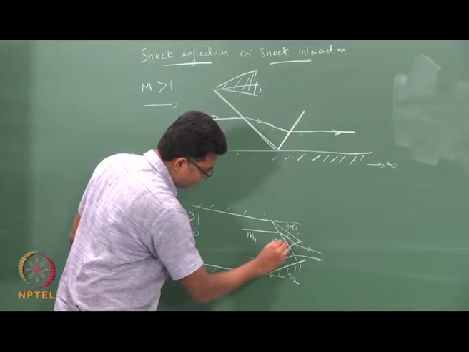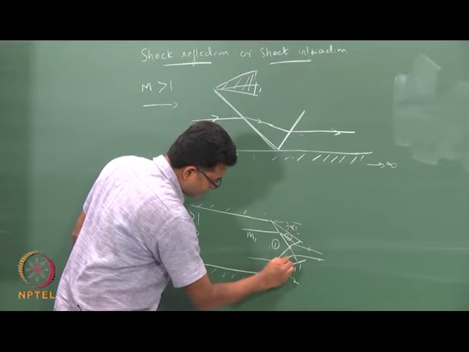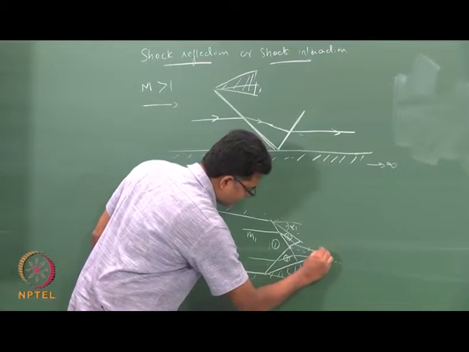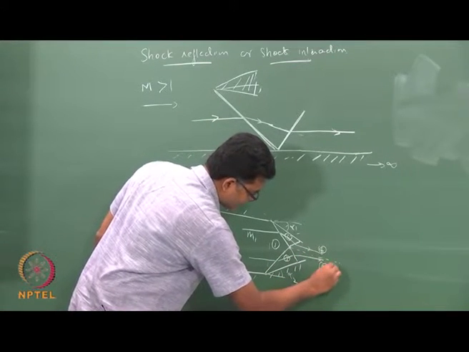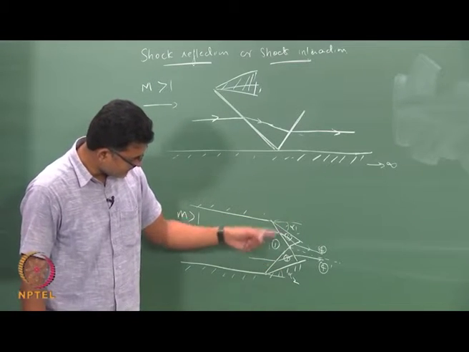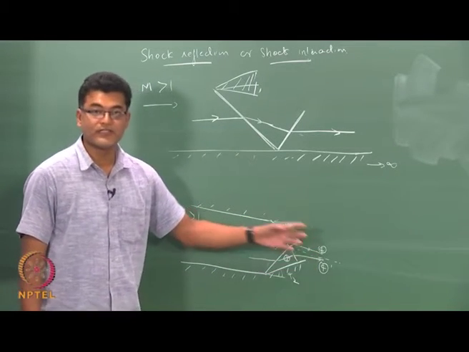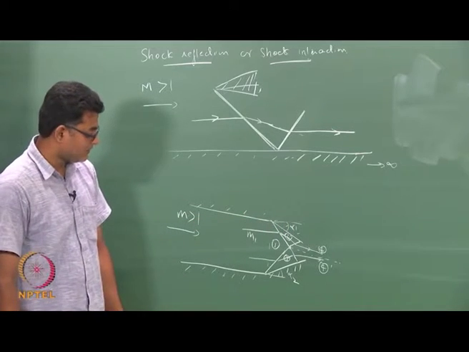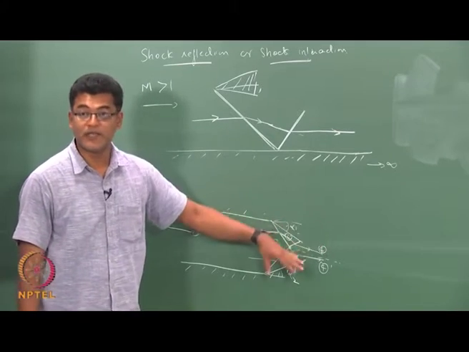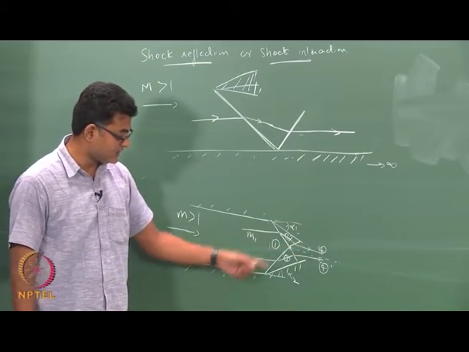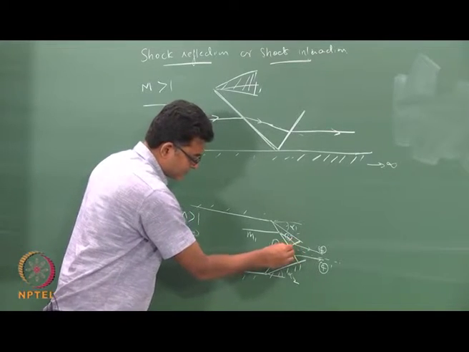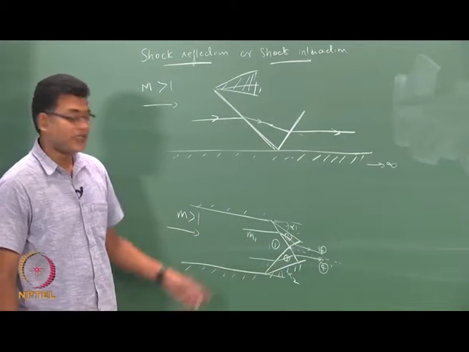So, this is region 1, this is region 2, this is region 3, and this I call region 4 and region 4 dash. Okay. Depending on whether these angles are the same, I can have 4 and 4 dash of the same kind. Otherwise, the Mach number at 4 and the Mach number at 4 dash can be different depending on the angle at which these shocks are reflected. Okay. So, we are going to do some problems related to this.